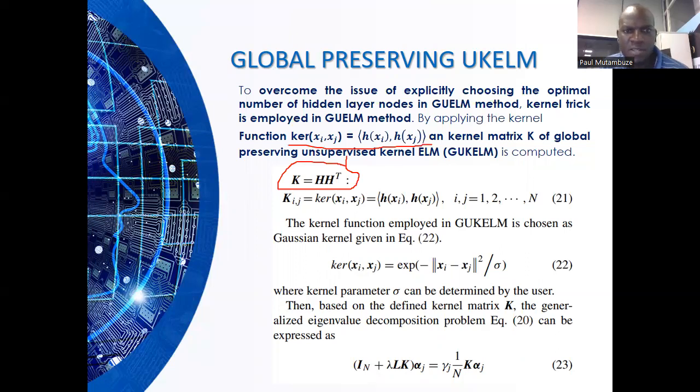So the kernel function employed in the GUELM is the Gaussian kernel, which is what you saw here, where K is the parameter which can be determined by the user. Then, based on the defined kernel matrix K, the generalized eigendecomposition problem can be expressed as this one here.